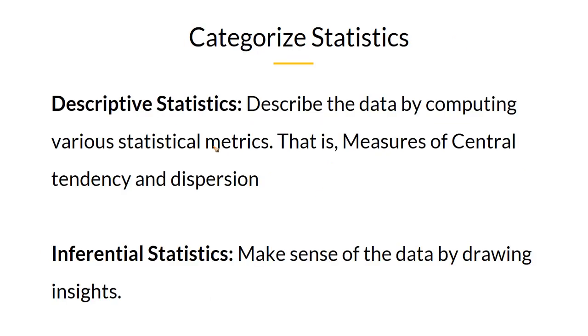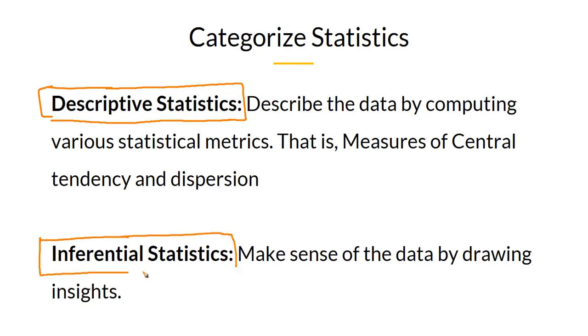Now, once you collect the data, you're going to be performing certain analysis on top of the data. We call that analysis either descriptive statistics or inferential statistics. What is the distinction between the two? We call something descriptive statistics when you are trying to describe the data itself by computing certain statistical metrics. We will cover these in more detail.